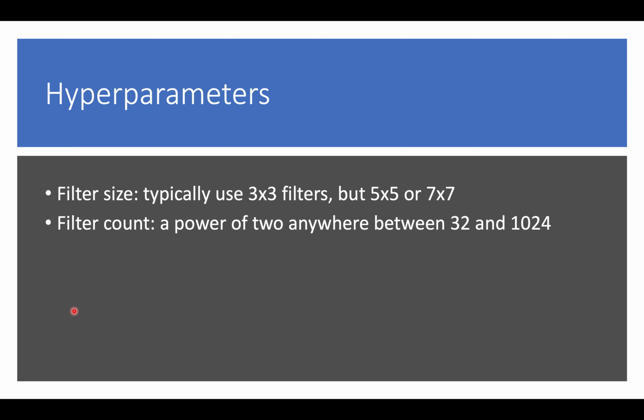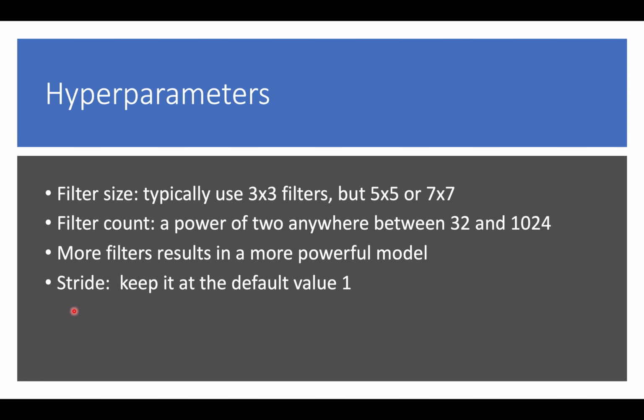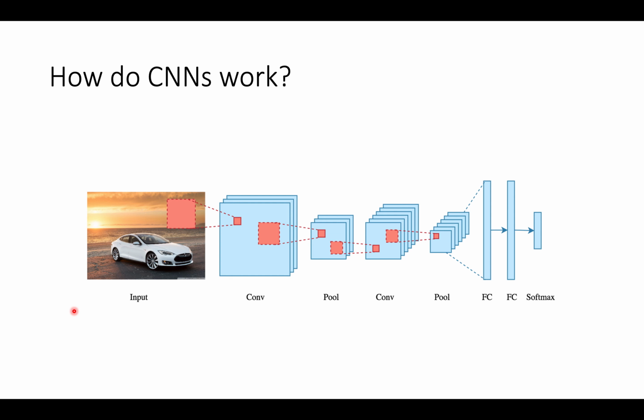Usually we start with a small number of filters at the initial layer and progressively increase the count as we go deeper into the network. The other hyperparameter is stride, and we normally keep it at the default value of 1, and as I said, we usually tend to keep padding.